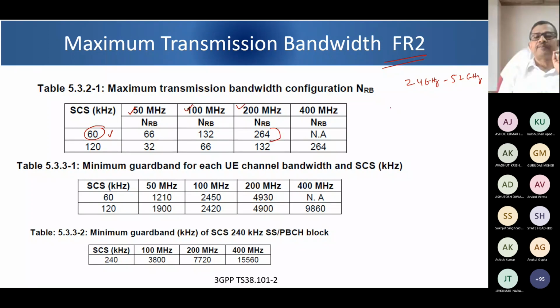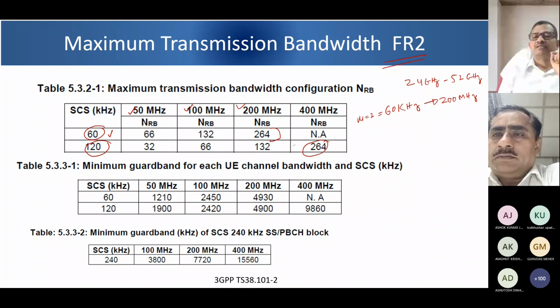So that means if you have 60 kilohertz subcarrier spacing, that is numerology 2, in that case, you are able to go up to 200 megahertz. And for 120 kilohertz, you are able to go up to 400 megahertz.